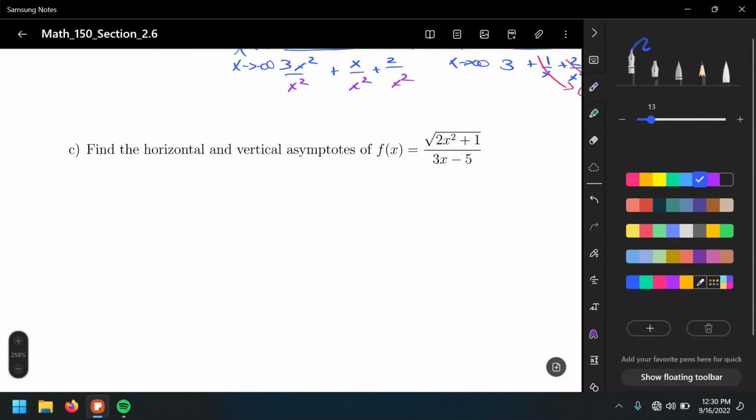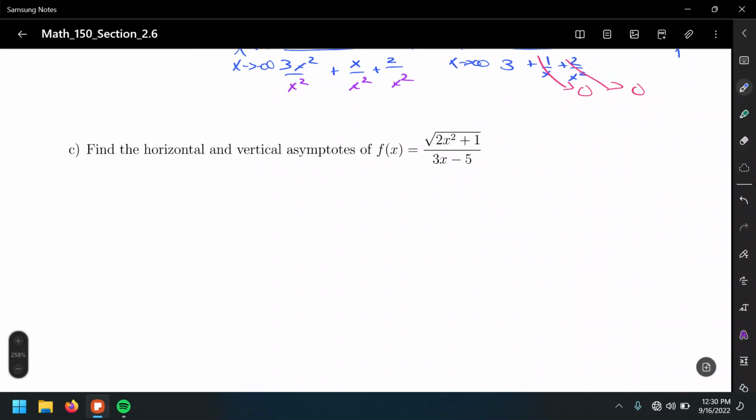Let's express this as the limit of the square root of x squared plus 1 divided by 3x minus 5 as x approaches infinity.